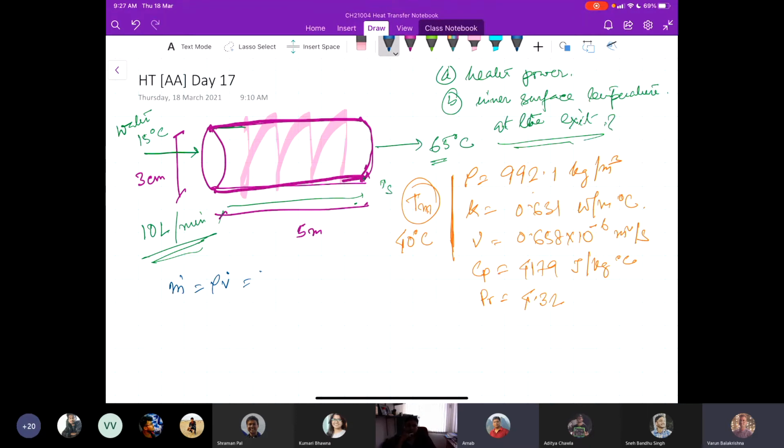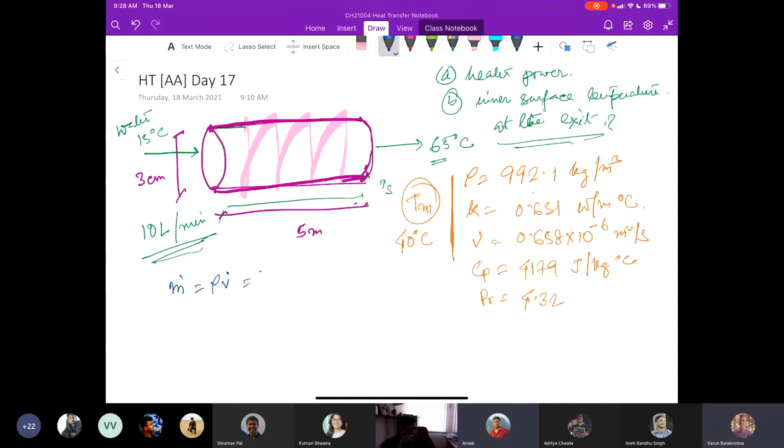Okay. So how do we convert liter to meter cube? What is the relation? 1 liter is 0.001 cubic meter. 0.001 or 0.01? 1 liter is 0.001 cubic meter, so 10 power minus 3.